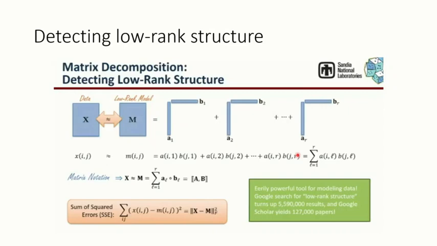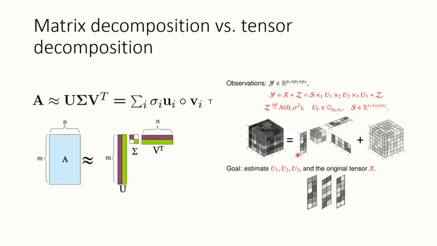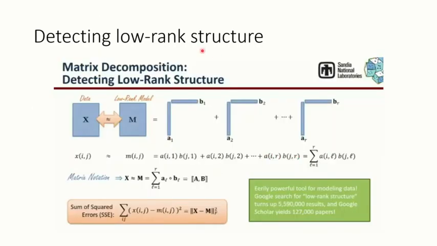This is the SVD structure. Similarly, there is matrix decomposition, NMF, nonnegative matrix factorization. You can have these two vectors, multiply them, and put them together to approximate the original.